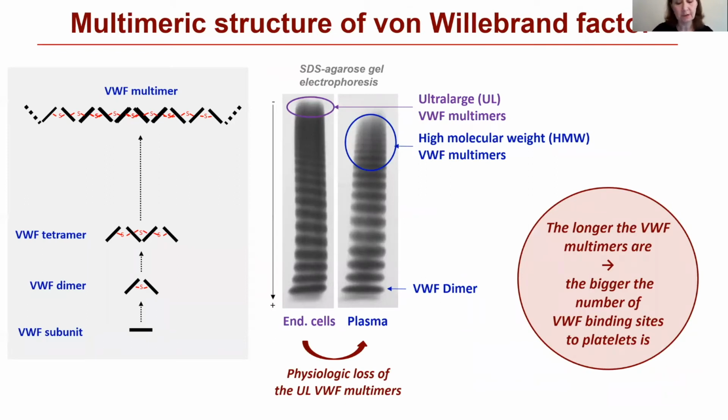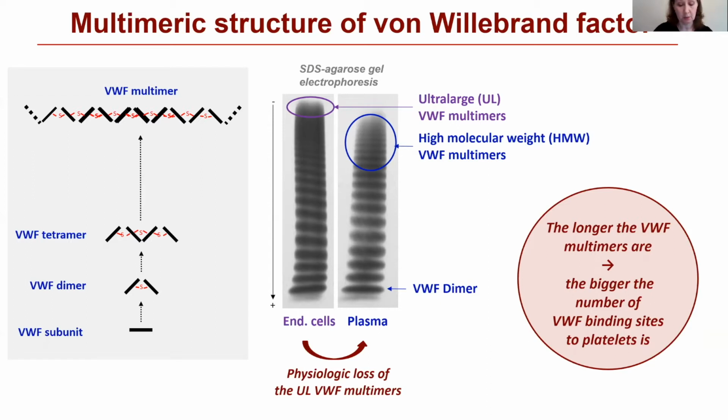The specificity of von Willebrand factor is to be a multimeric protein. If you check von Willebrand factor in plasma, you will never find monomers, but always multimers with a great variety of sizes. The smallest multimer is a dimer, then two dimers associate with disulfide bonds to form a tetramer, and so on. And the biggest von Willebrand factor multimers usually contain 30 to 40 dimers.